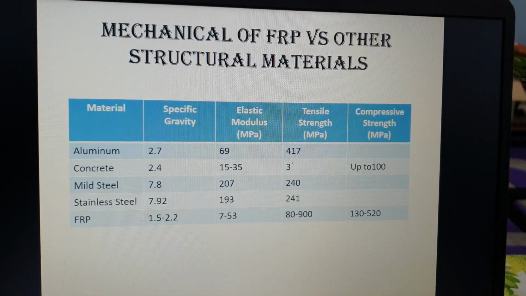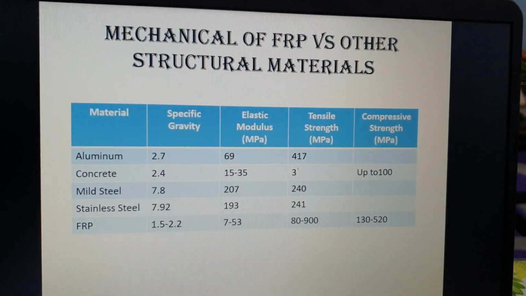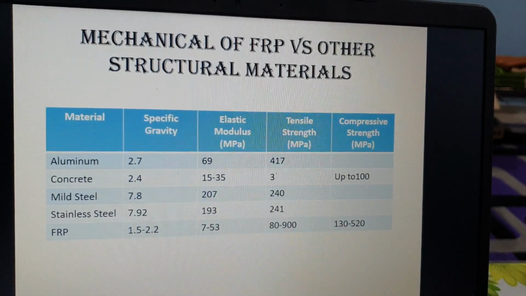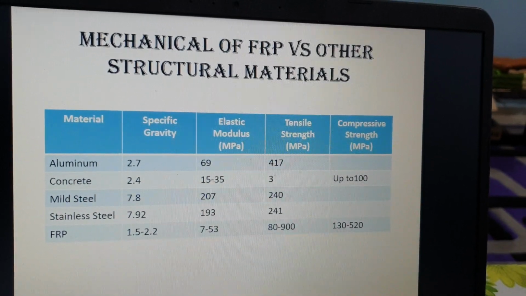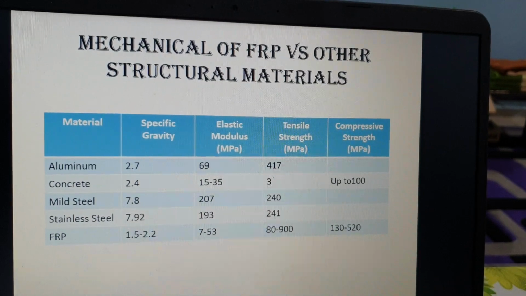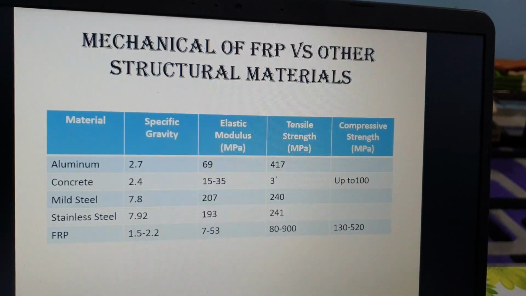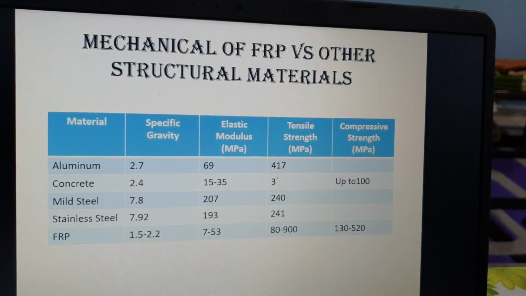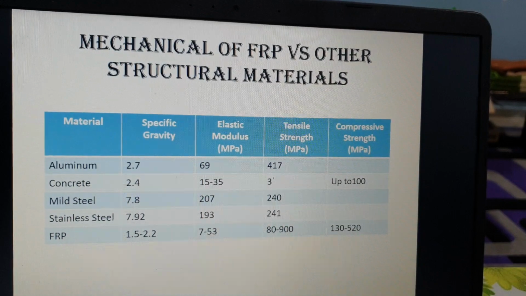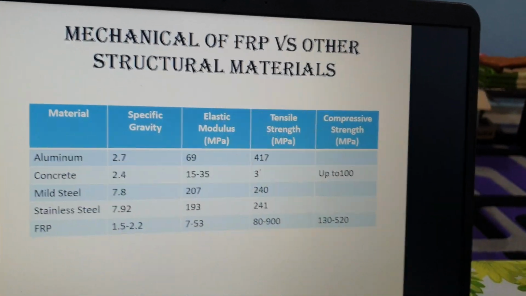In terms of elastic modulus, it has been stated here in the table. We do have the tensile strength, meaning that FRP can achieve up to 900 in tensile strength, so it is very resistant to tension. For compressive strength, it is about 130 to 550, and for concrete up to 100 megapascal.